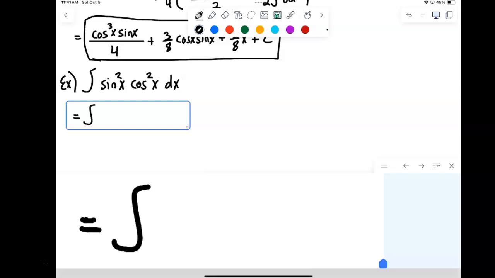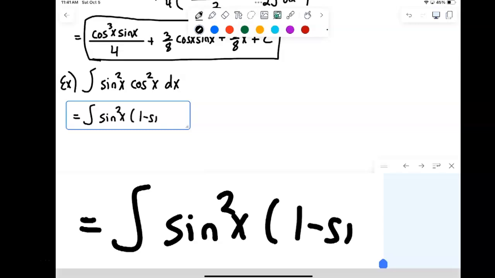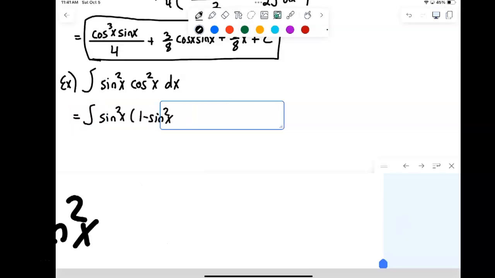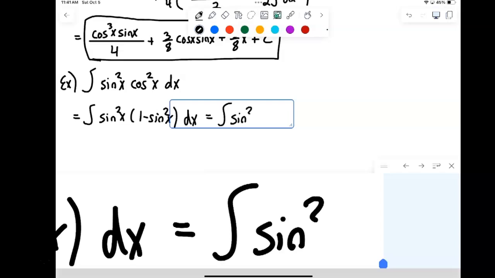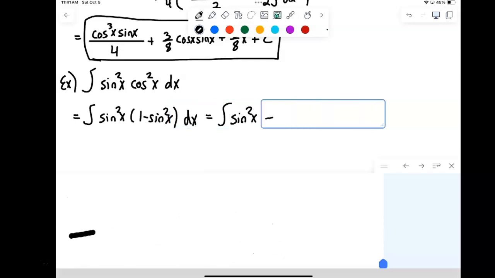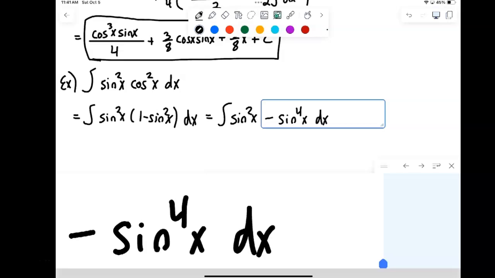So here I'm just going to replace cosine squared with 1 minus sine squared. And that will simplify to the integral of sine squared x minus sine to the fourth x dx.